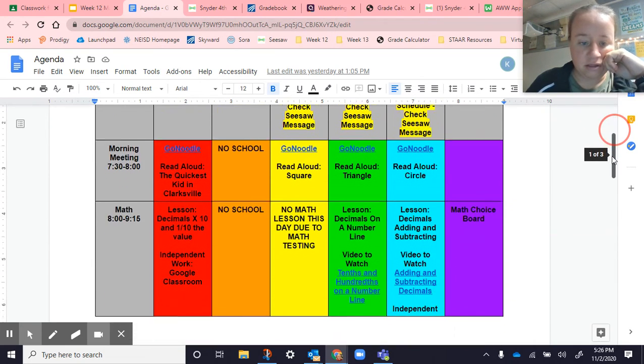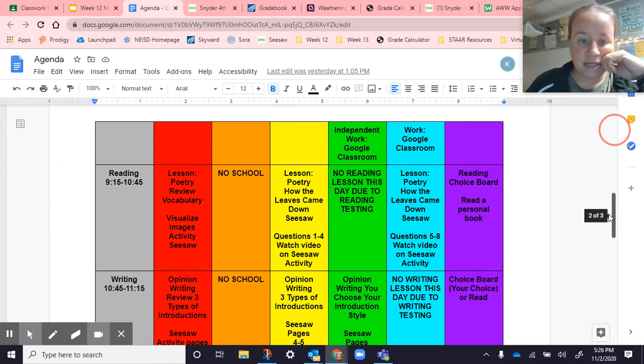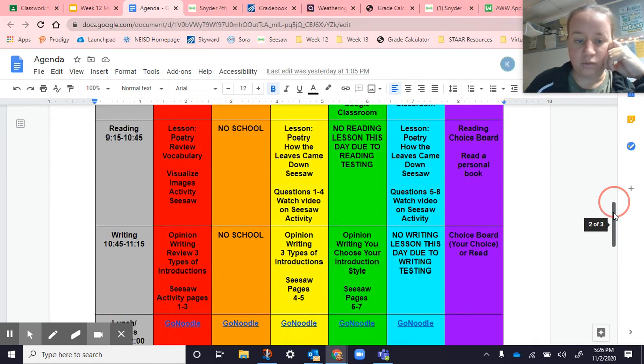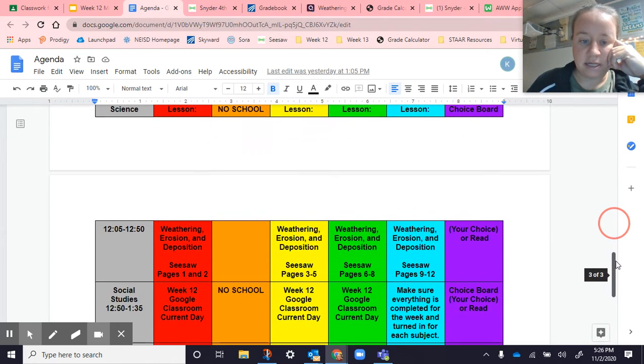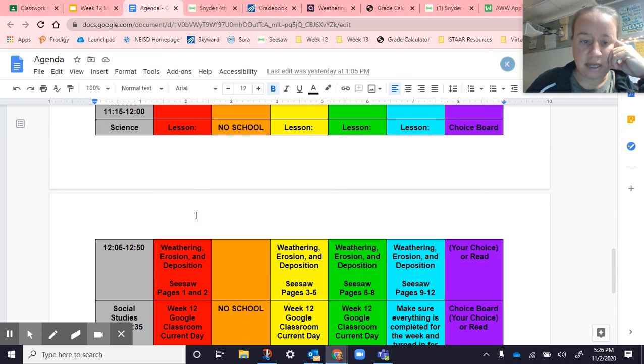So that was math. In reading today, we did a lesson on poetry. This is all in Seesaw, and everything is recorded, so you can look there. In writing today, we worked on opinion writing, Seesaw pages 1 through 3. Those pages all have recordings. For science today, we looked at an assignment in Seesaw again, pages 1 and 2 on weathering, erosion, and deposition.